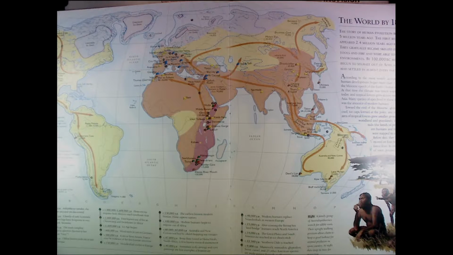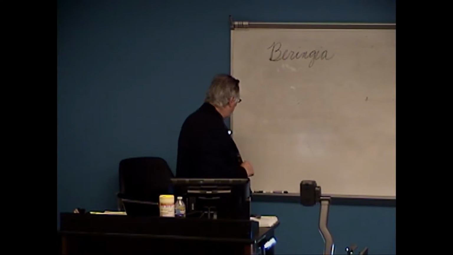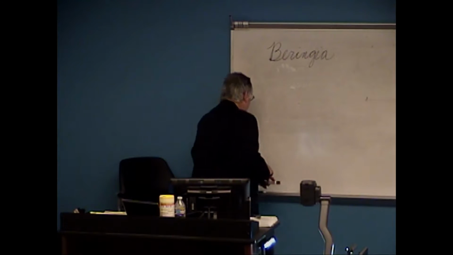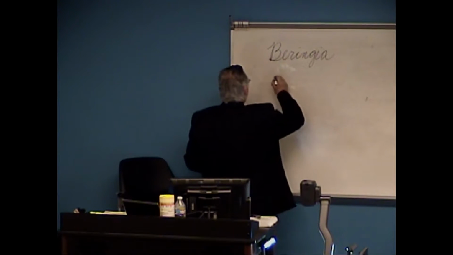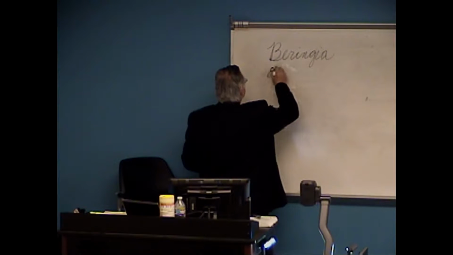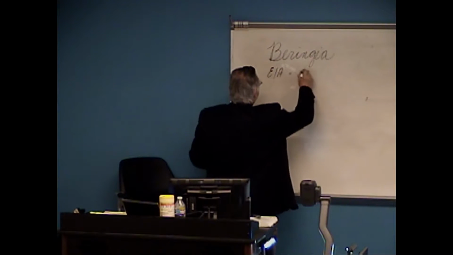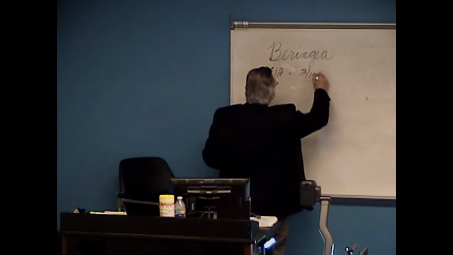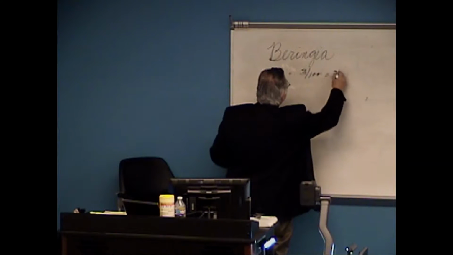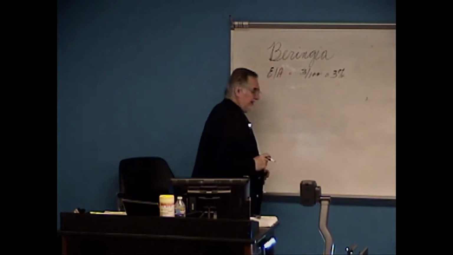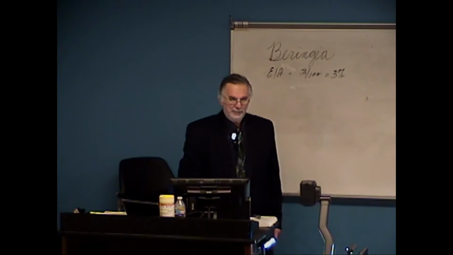Here are a couple amazing stats because of that 10,000 year separation. If you are European or Asian, your chances of not having an immunity to a particular disease is 3 in 100, about 3%.